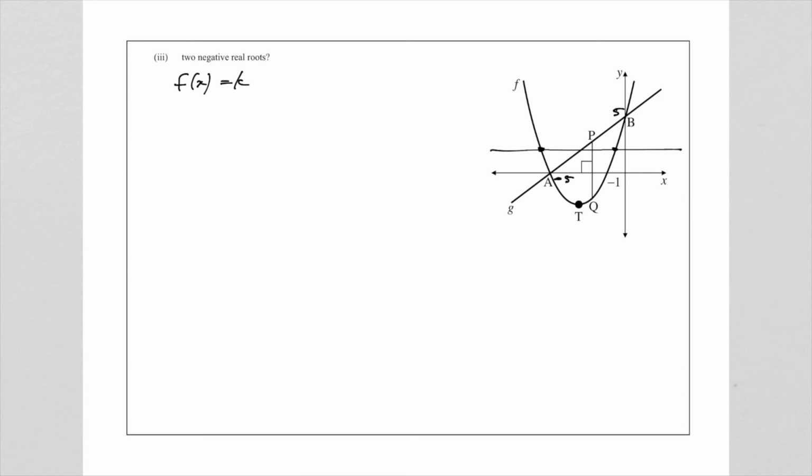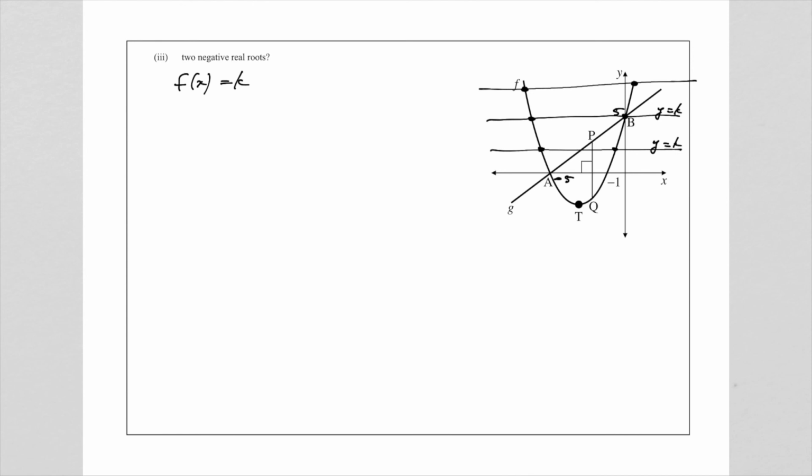If I draw the line at that y-intercept, this is also a line y equal to k, you will notice that this root is negative and that root is 0. If I draw the line above that y-intercept, you will then notice that this root is negative and that one is positive.